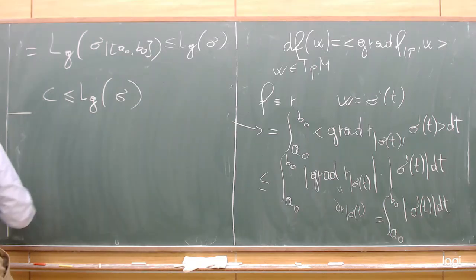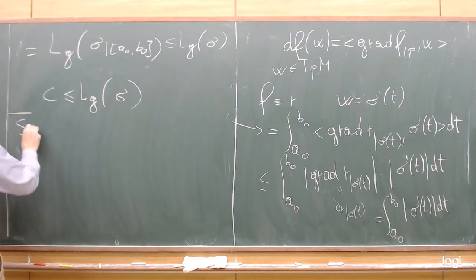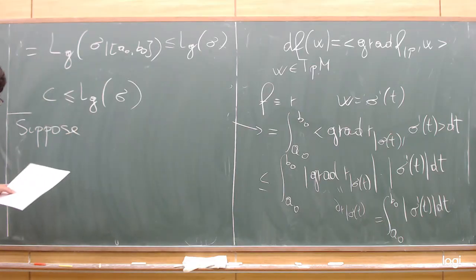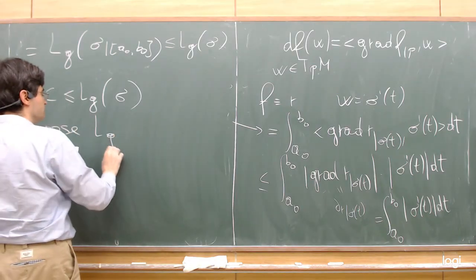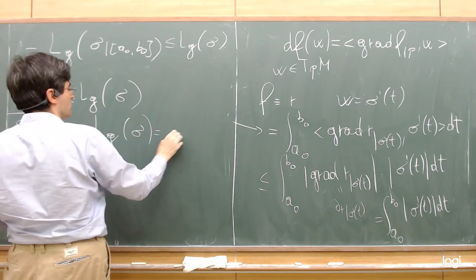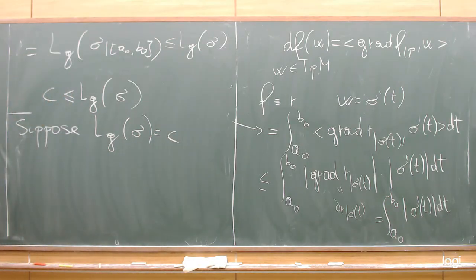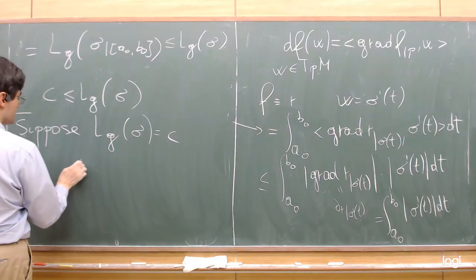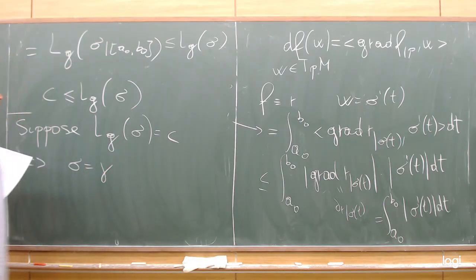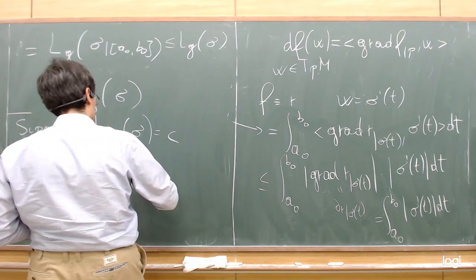Now we have to prove the following. Suppose that in the inequality, the identity holds, then sigma is gamma. So essentially this is the uniqueness part.